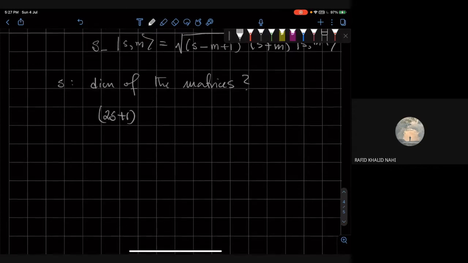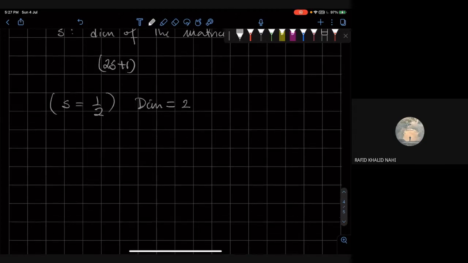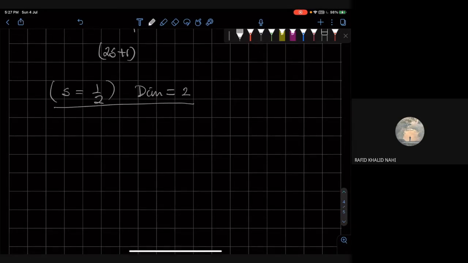Okay? So if I take S to be half, then the dimension is what? 2, right? So let's look at this case explicitly. Our basis will consist of a state where S is half, M is half.